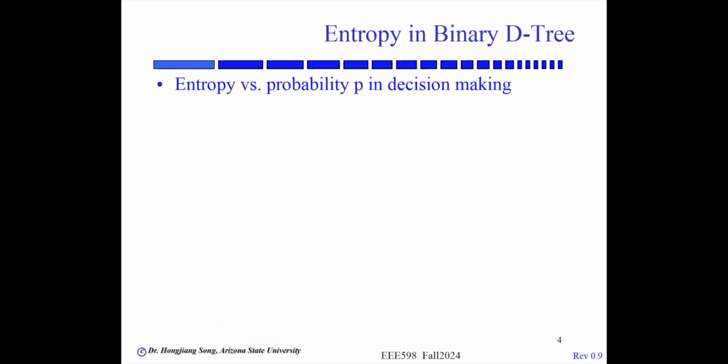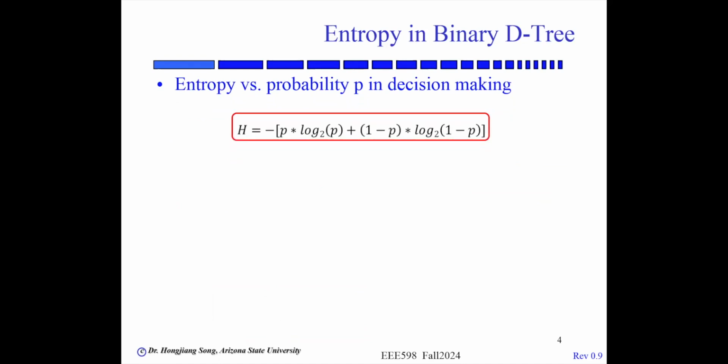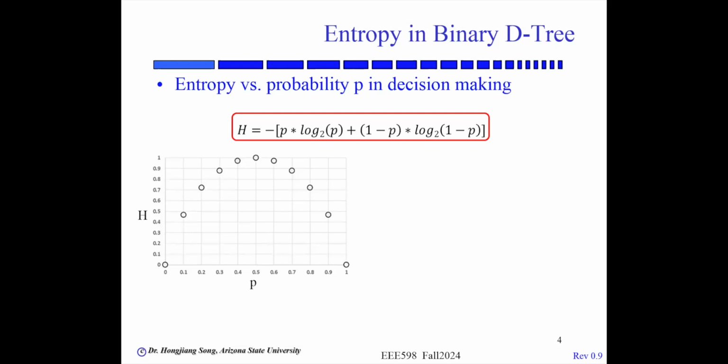So now let's use a parallel decision to explain the decision tree, entropy, and probability relation. For two decision trees, we'll have 2 choices. That may be the probability P or 1 minus P. Here is a plot to give the relationship between entropy and decision probability.